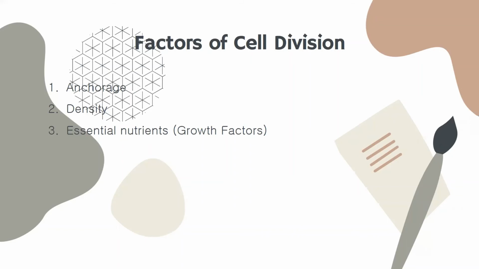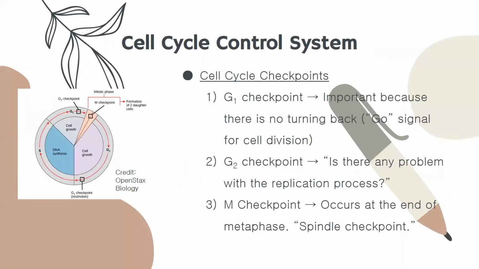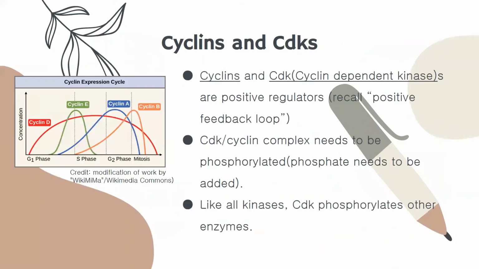Then next, since replication obviously is hard work that requires a bunch of resources for the cell, essential nutrients or growth factors are also very much needed. These control systems are cyclins and CDKs. CDK stands for cyclin-dependent kinases.